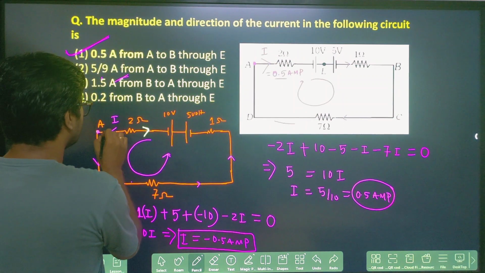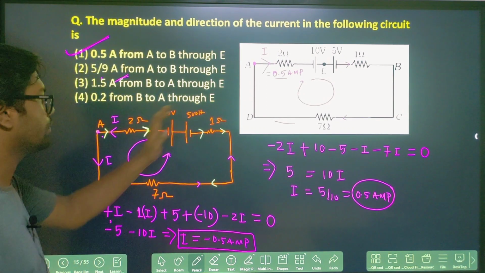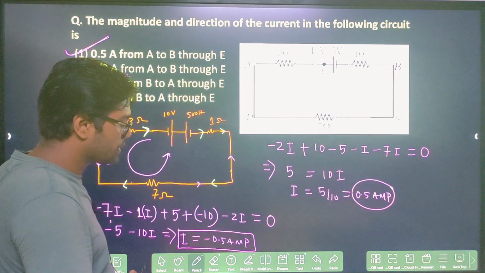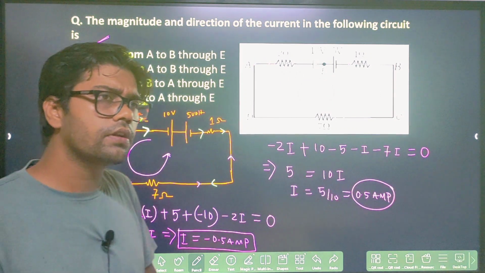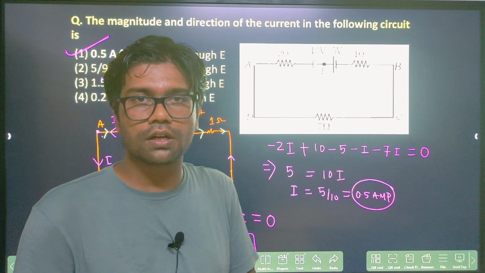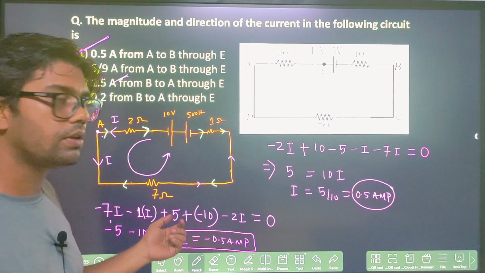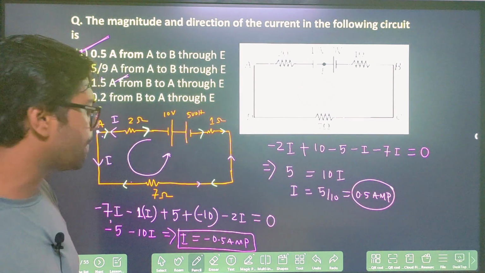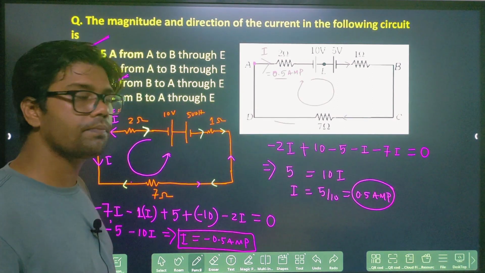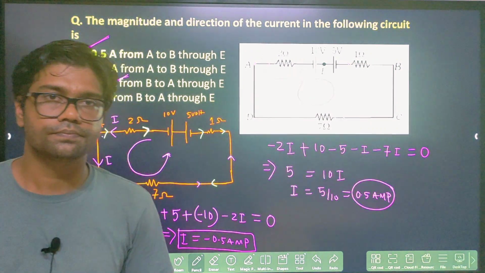You have assumed the direction of current along one direction and got a minus sign. As soon as you get a minus sign, you say that the direction I assumed is not correct, so it will be opposite to whatever I chose. The magnitude will be the correct answer here. So magnitude will be 0.5, so 0.5 ampere current is flowing along this direction. Clear? I hope this is clear.